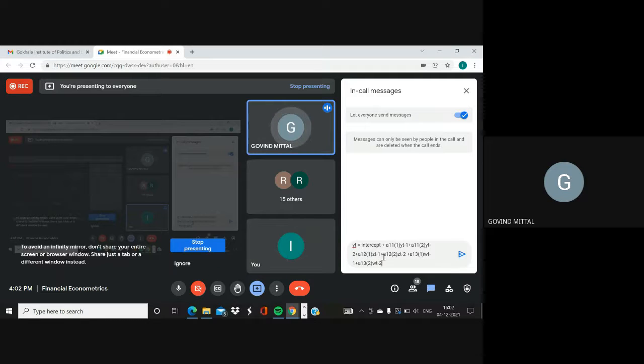Ma'am, this is already in the standard form, right? Yeah, this is already in the standard form. There are no contemporaneous variables on the right-hand side. Ma'am, what restrictions were you asking about?